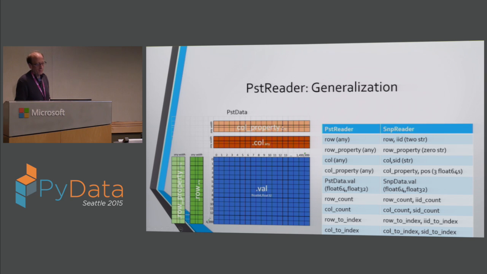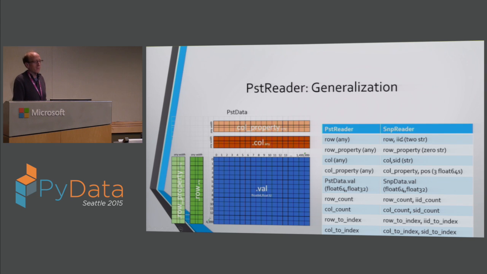Before we had genetic properties up here. Now you can have any number of those properties. They all have to have the same type, but it can be any type you want. And we didn't have any notion of column properties, sorry, row properties before. So now we can have row properties. And in fact, a SNPReader is a PstReader.